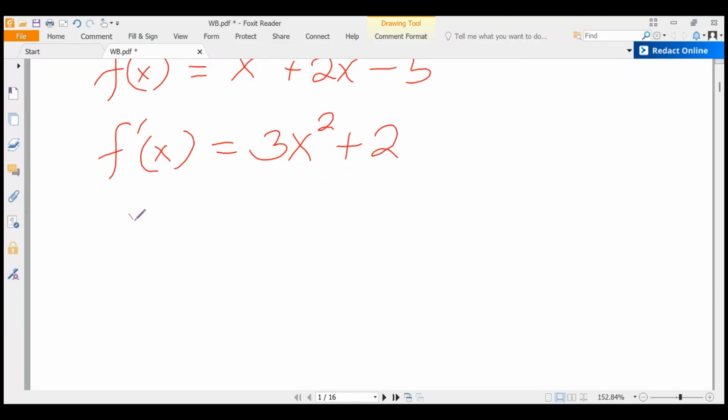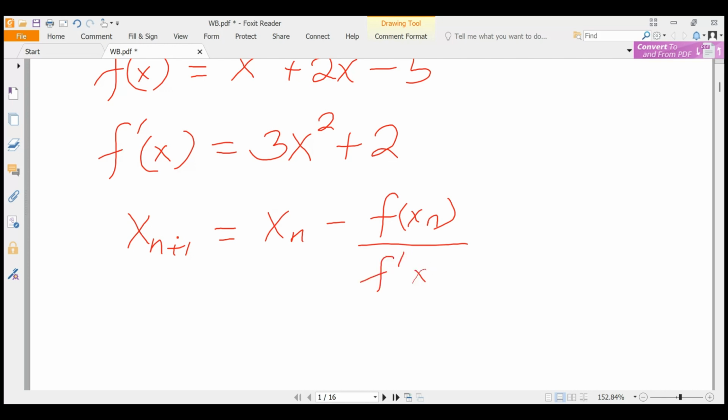can be expressed as x_{n+1} equals x_n minus f of x_n divided by f prime of x_n. So we're going to substitute f of x_n equals x_n cubed plus 2x_n minus 5, while f prime is this expression here.